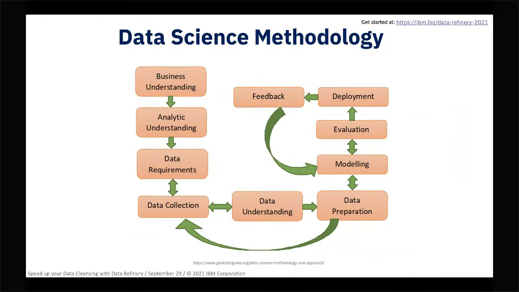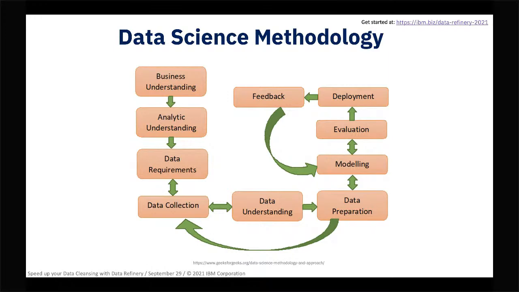Basically, what is the question that we are trying to answer from the data? And then we come to the requirements that we need, what kind of data to collect, and so on. And then we proceed to the data collection phase, and then the data understanding phase, where we get an idea of whether the data is representative of the problem or not, and so on.